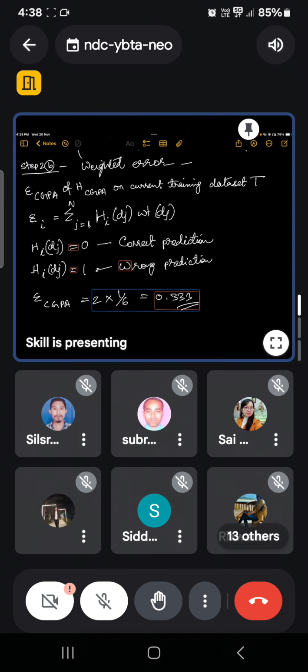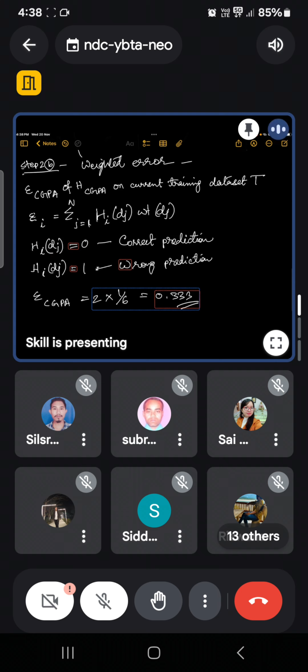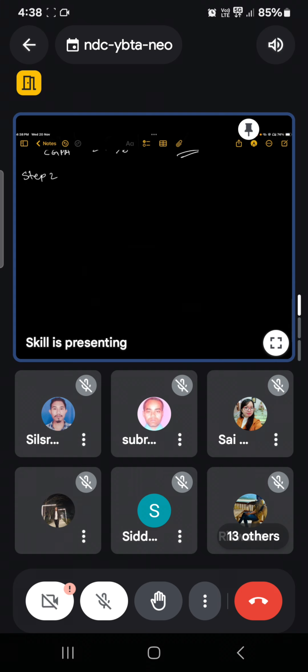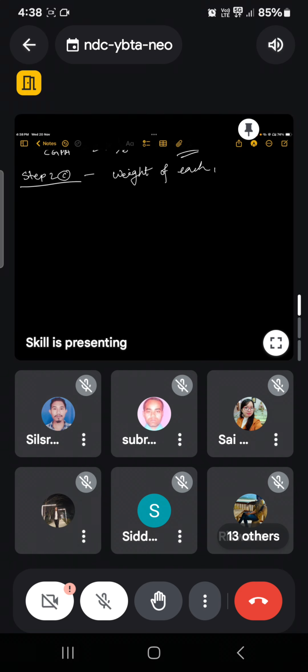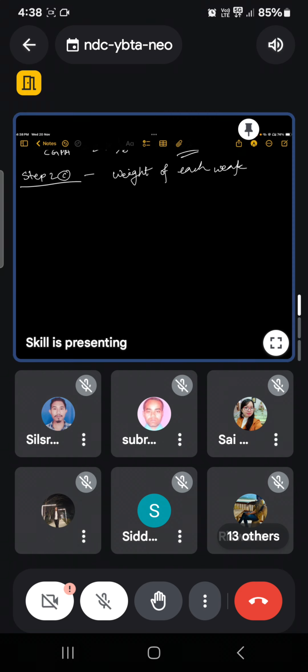Then in step 2C, we will compute the weight of each classifier.